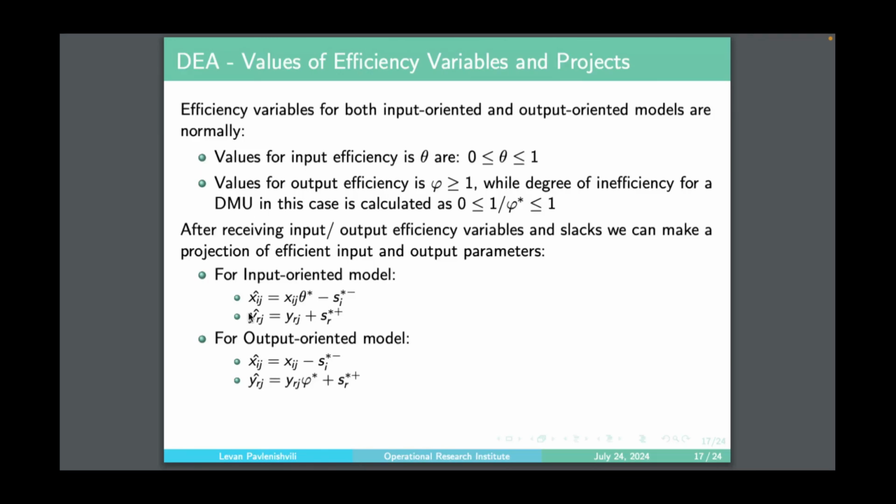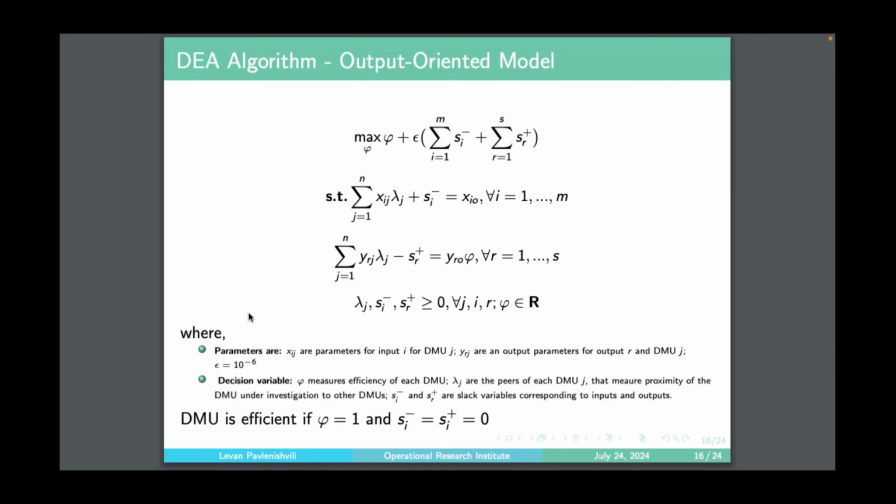Sorry, but can we set some constraint to handle, for example, anomalies or some black spot effect, something like this? Within this model, in more advanced data envelopment analysis, there are models where you can put certain limits on certain parameters.